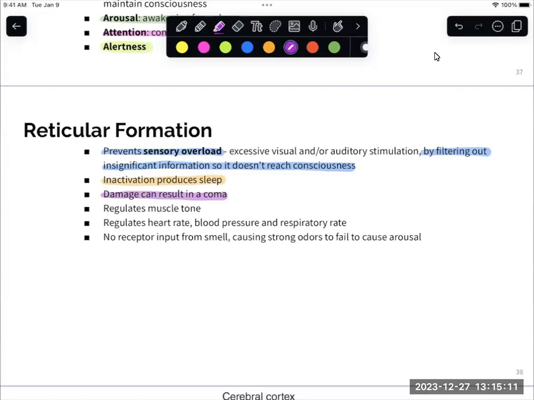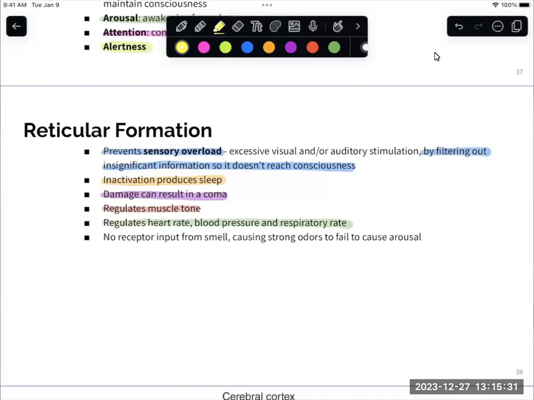Because when the reticular activating system is inactivated, you go to sleep. When it's activated in the morning, that's what wakes you up. It helps with your muscle tone, heart rate, blood pressure, respiratory rate.